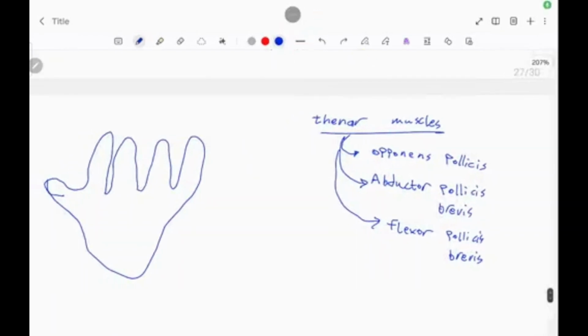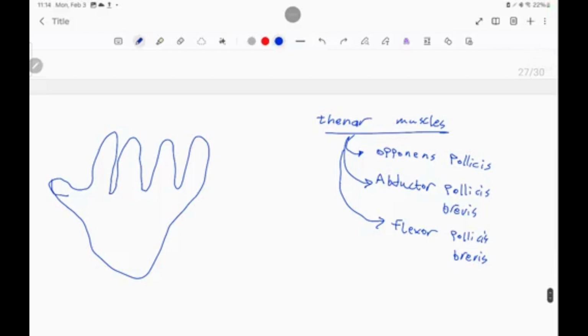Okay. Opponens pollicis, abductor pollicis, flexor pollicis. Okay. All of these muscles are for the thumb, which is the first finger. So these are muscles of the thumb.